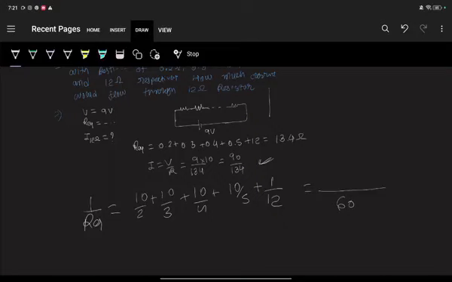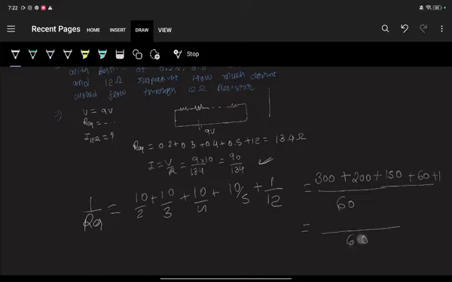It is 30 into 10, which is 300, plus 20 into 3, which is 60... plus 15 into 10, 150... plus 5.